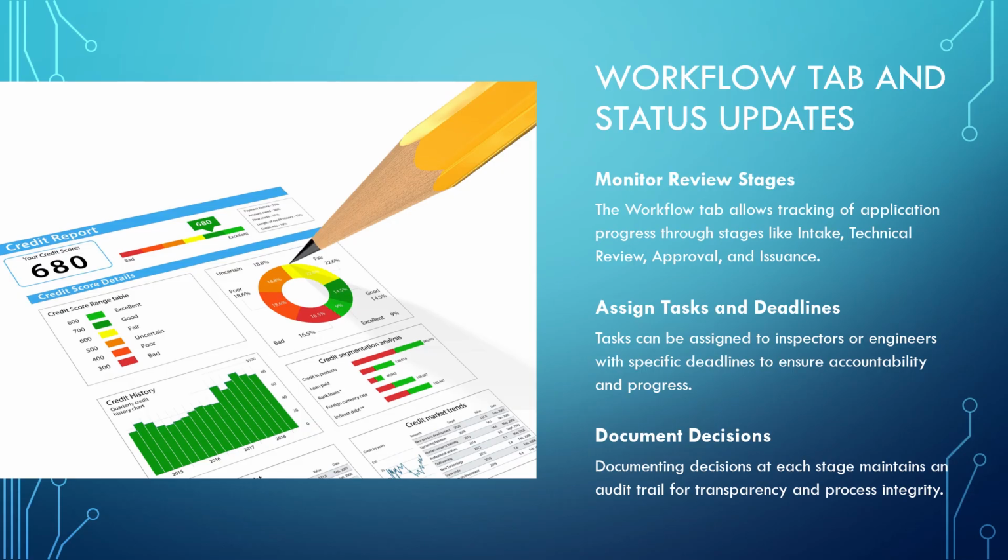Also, utilize the Workflow tab to monitor and advance the application through review stages such as intake, technical review, approval, and issuance. Assign tasks to inspectors or engineers and set deadlines. Document decisions at each stage to maintain an audit trail. Proper workflow management ensures timely processing and accountability.